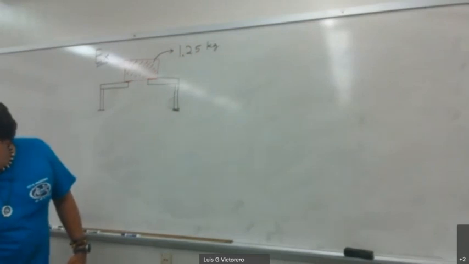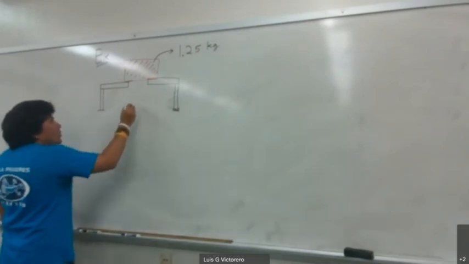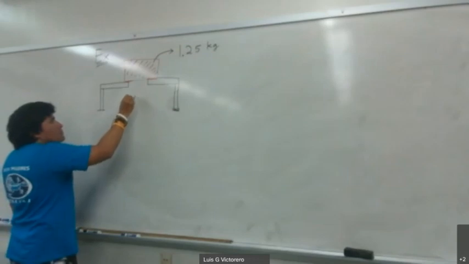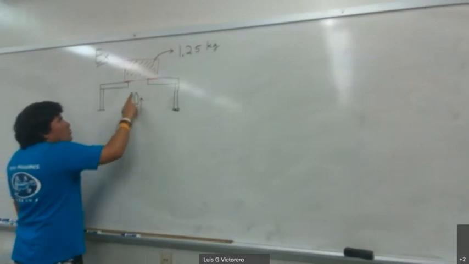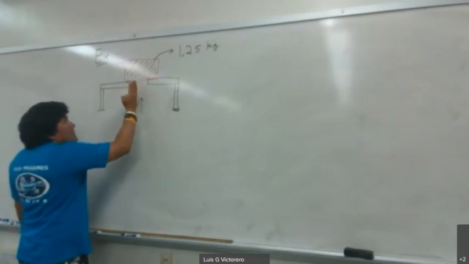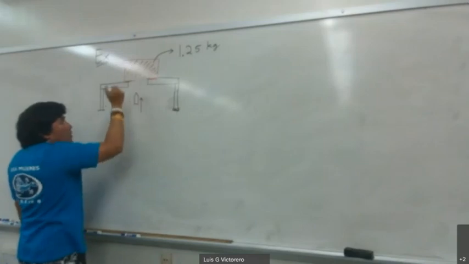A 5-gram bullet is fired through the gap, and it's going to stick inside the wooden block.